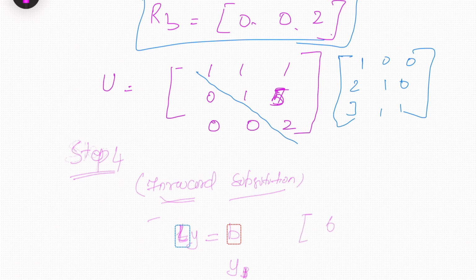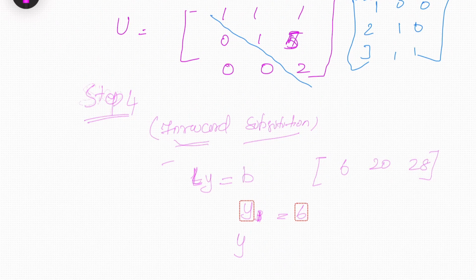So our lower decomposition matrix now becomes: 1, 1, this diagonal I am just putting to make things easy, and here we have 2, 3, and here we have 1. Fine. These are the updated multipliers.